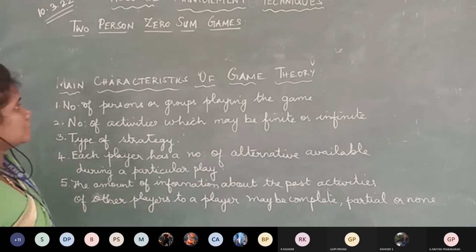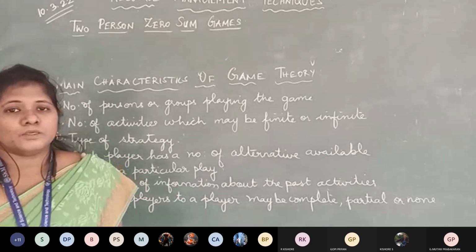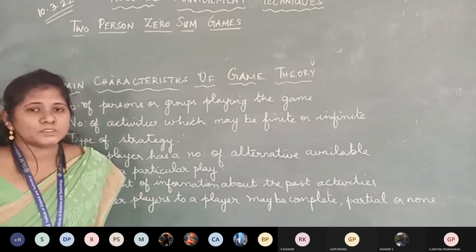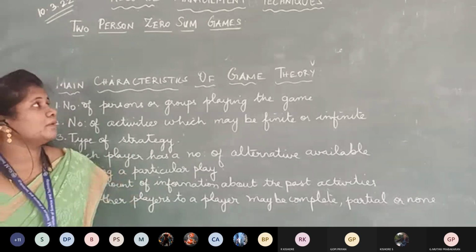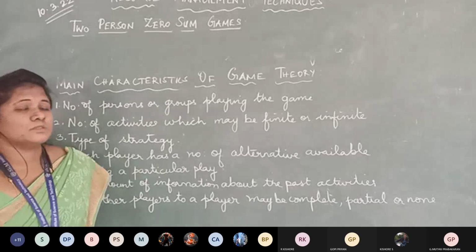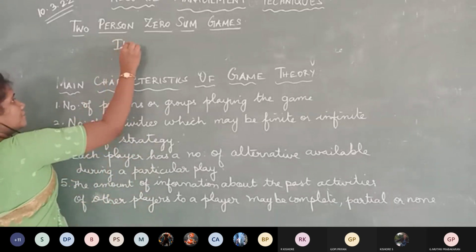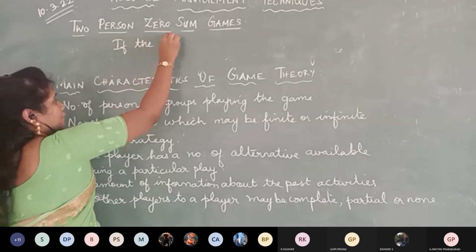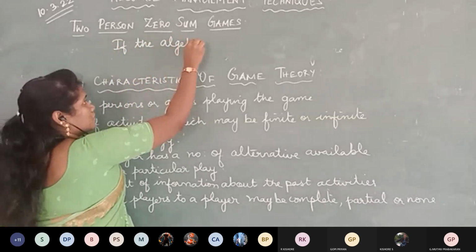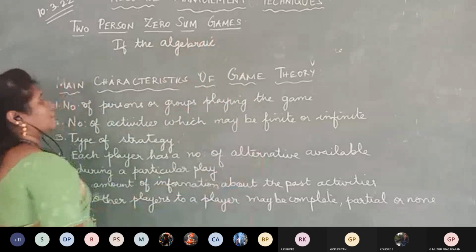So a two-person zero sum game is nothing but: if you play the game and the gains and losses on both sides become zero, then it is a two-person zero sum game. You write it along with me so that you don't waste your time.